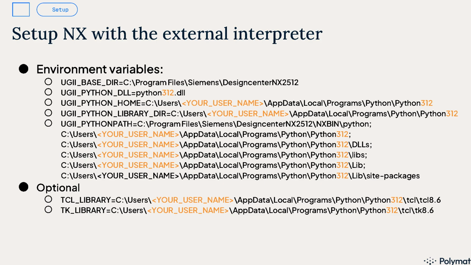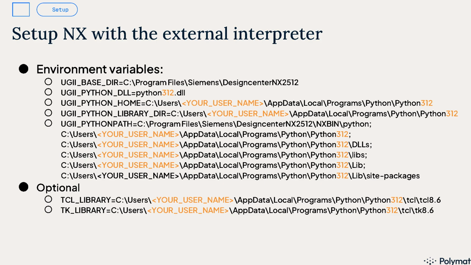UGII_PYTHON_HOME is either C:\Users\your username\AppData if you installed it for a local user, which will mostly be the case because on a corporate system you're allowed to install as a user but not system-wide. So most of the time it will be username, AppData, Local, then Programs, Python 3.12.